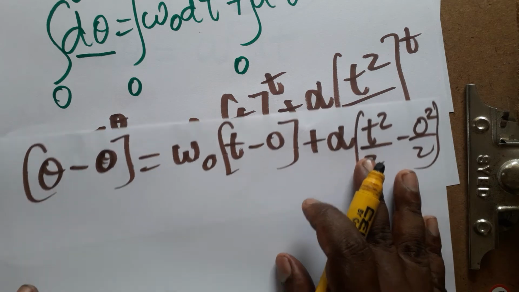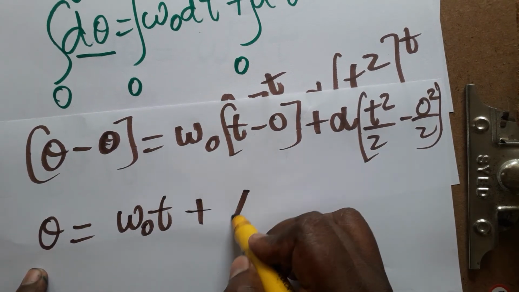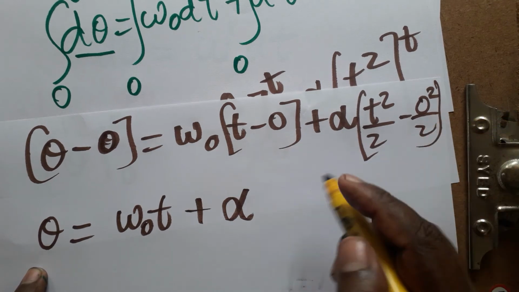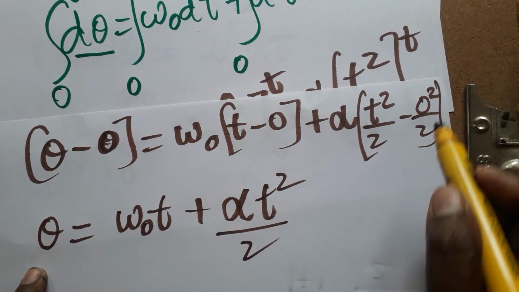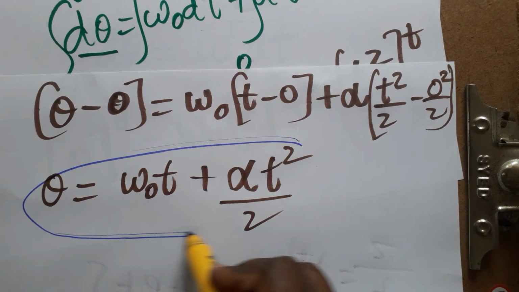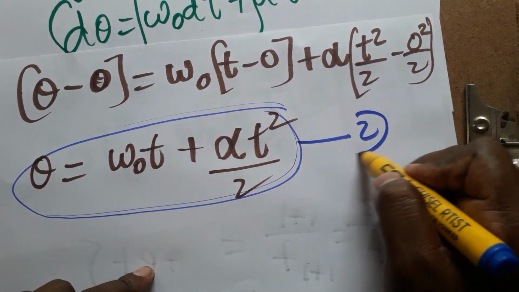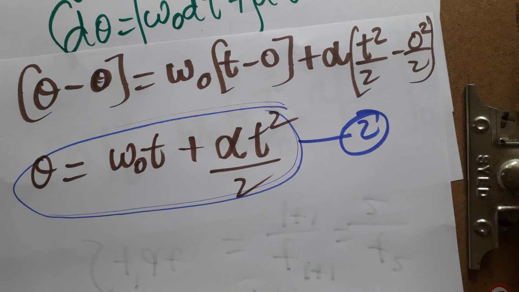Now the lower limit terms will all be 0, and we get theta equals omega naught t plus alpha t square divided by 2. So it is the second equation of motion in rotational motion: theta is equal to omega naught t plus half alpha t square. It's the second equation.